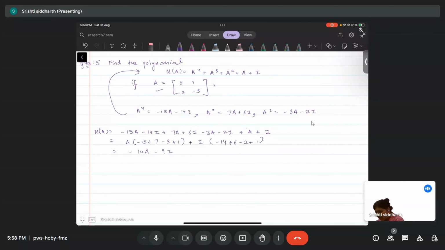So now the only thing that we have to do is substitute the matrix A. Minus 9 times 1, 0, 0, 1. So this is minus 9. Then we have minus 10, 20, and then we have 30, minus 9.